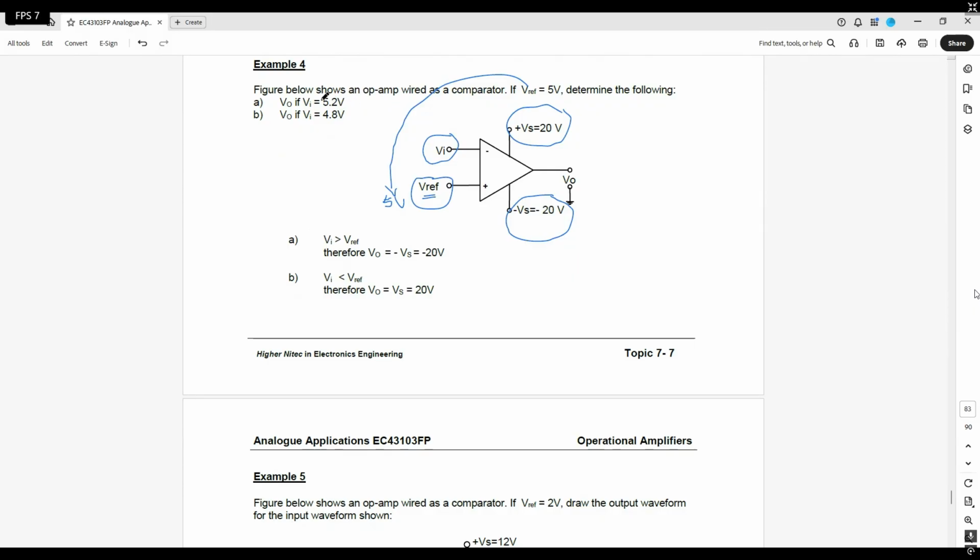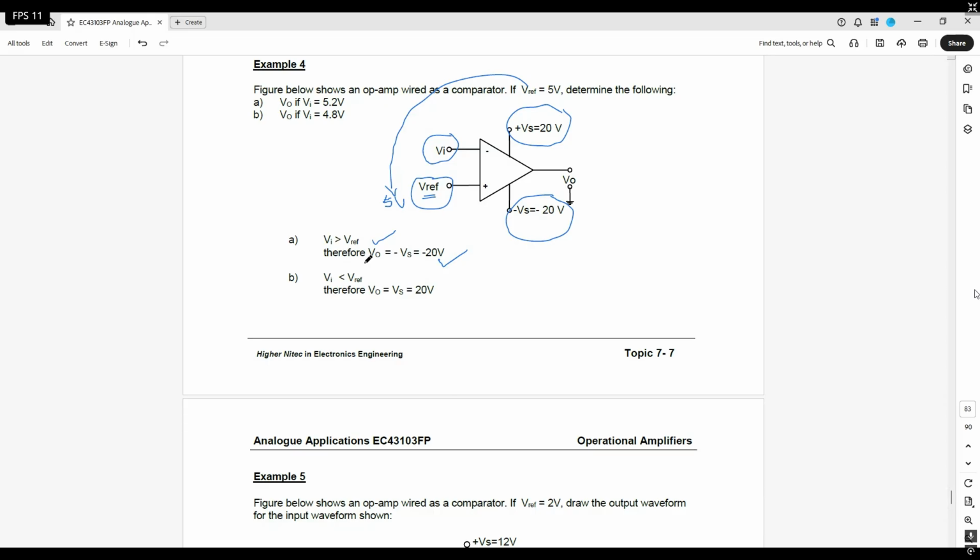The first question, they say A, what is VO if VI is 5.2 volts? Straight away, we apply this condition and check what happened. VI, or rather the input, is greater than the VREF, which is true. It's 5.2 volts greater than 5 volts. And then what will happen at the output? The output will be equal to Vs, and Vs is minus 20 volts.